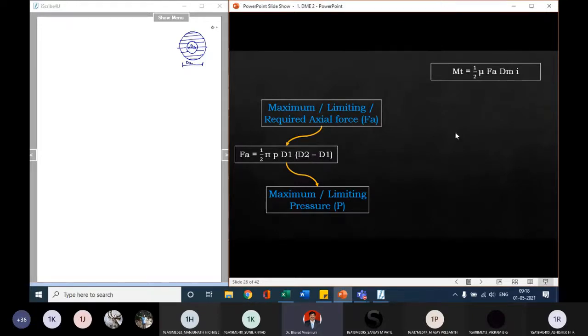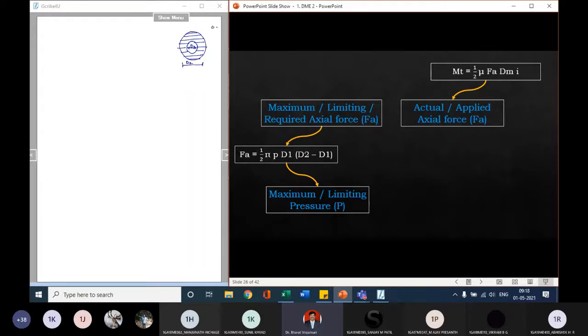If you are trying to find FA from this equation, such a FA is called the actual or applied axial force. So remember this guys. FA was determined from the other equation which I am showing on the screen. This equation gives the actual or applied axial force. This is what exactly we will be talking about.